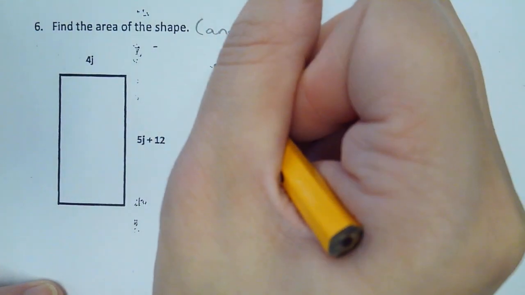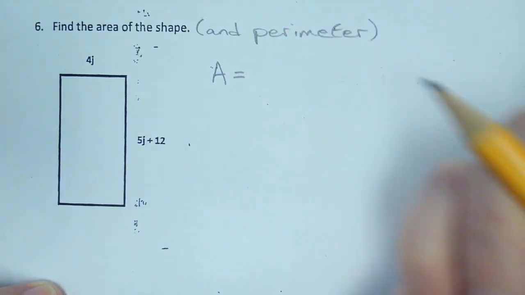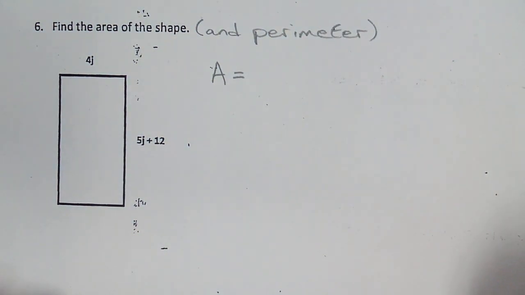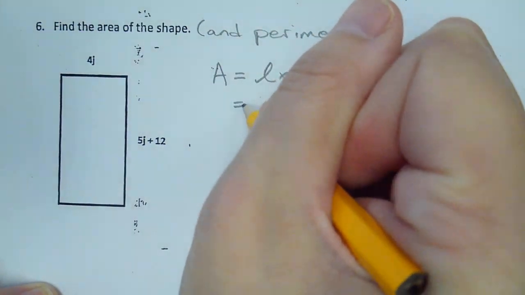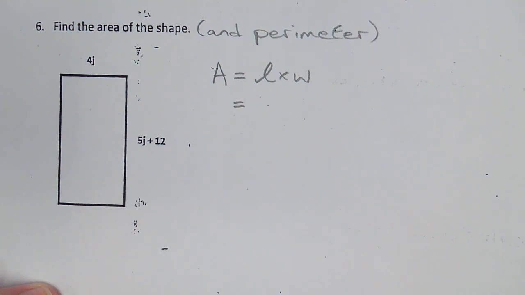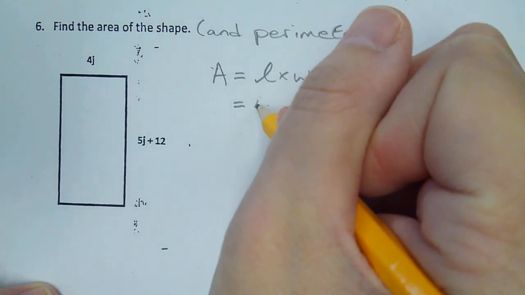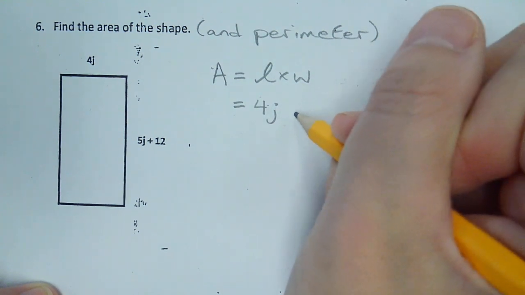So area of a rectangle. How do you calculate the area of a rectangle? What's the formula? Length times width. So what times what? So again, 4j times 5j plus 12.